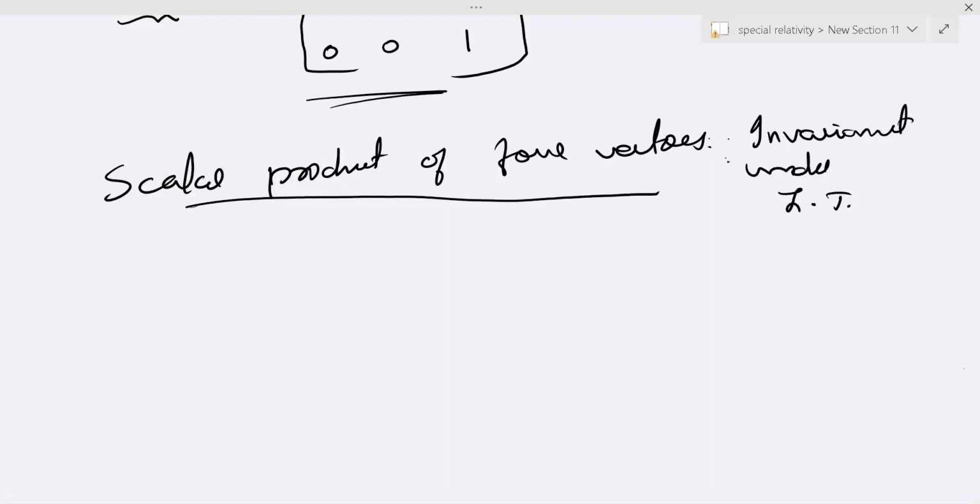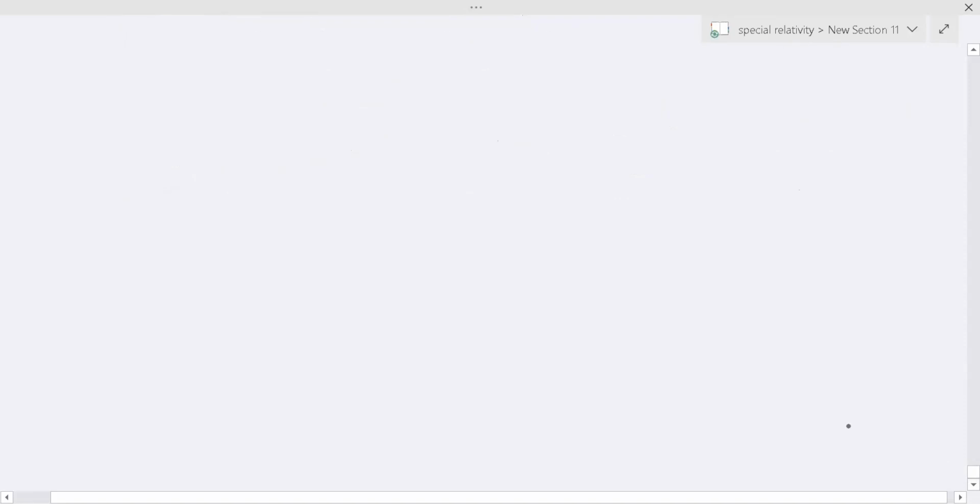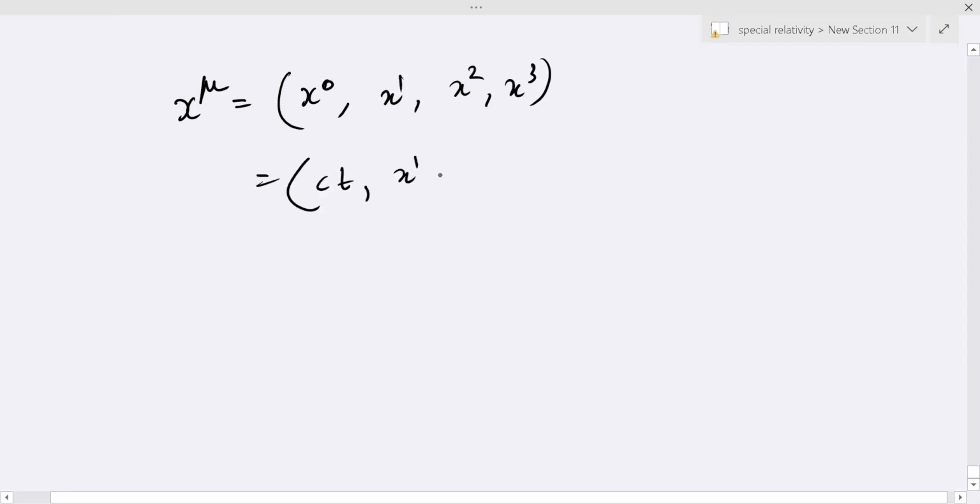So let's take the simplest vector that we know, the position vector. We can write it as x mu. X mu has components x0, x1, x2, x3, where x0 is ct.